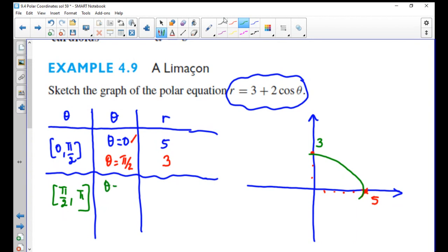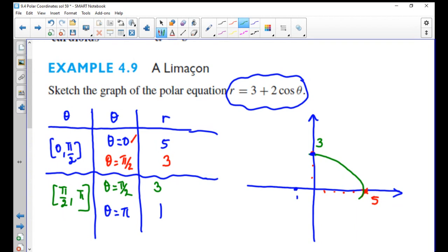When theta is pi over 2, I already have r equal to 3. So now I'm starting basically from the point 3 here. What happens when theta reaches pi? 1, yes. The r will be equal to 1. So it's going to be 1 here.